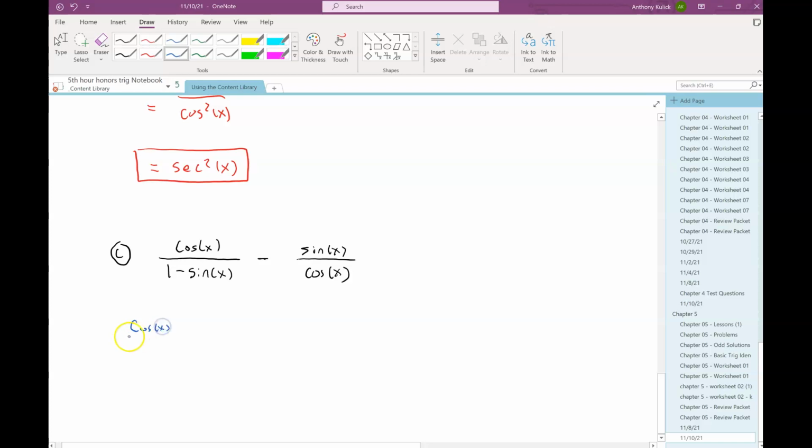So the first fraction I'm going to multiply by cosine over cosine. And the second fraction by 1 minus sine x over 1 minus sine x.